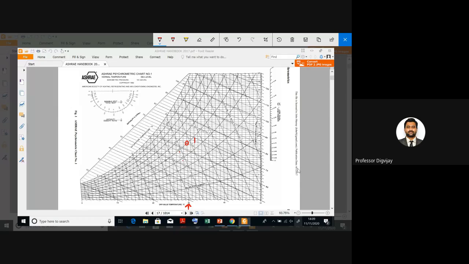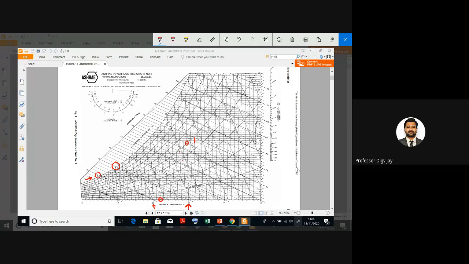Now next, point P2 is 22 degrees Celsius dry bulb temperature and 10 degrees Celsius wet bulb temperature. So 22. Here is 20. Okay, so 21, 22. So this will be for 22 here. Then I have to go in the vertical direction for 22 and stop at 10 degrees Celsius WBT. See here, these are the scale for WBT. Here it is 5, here it is 10.